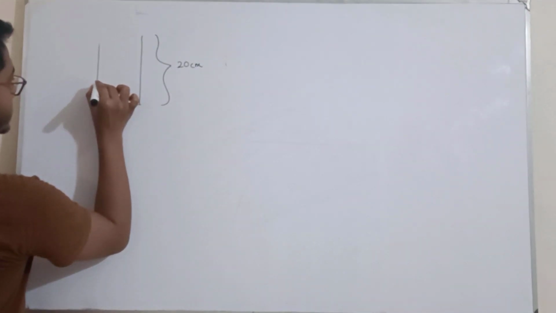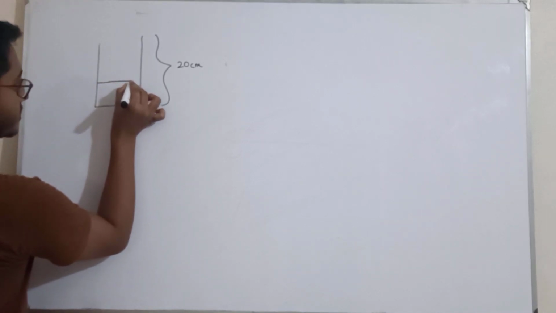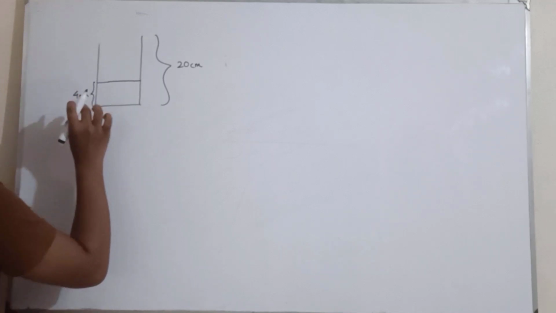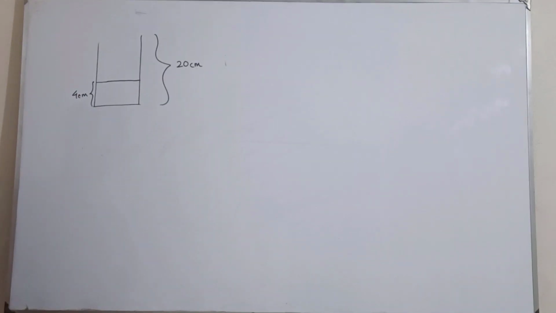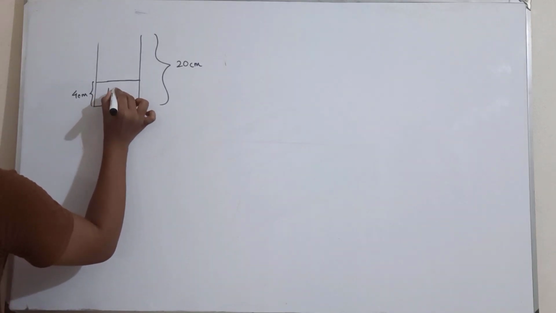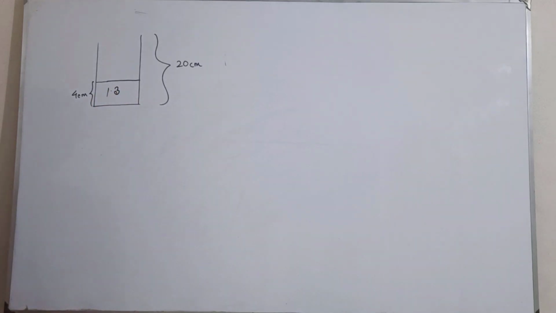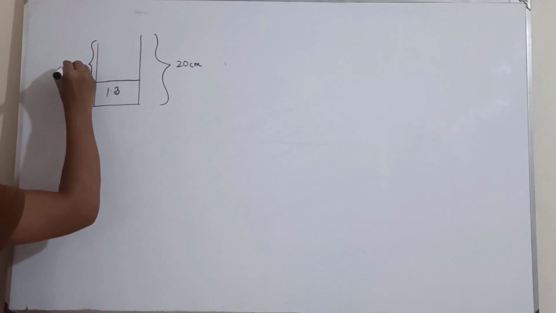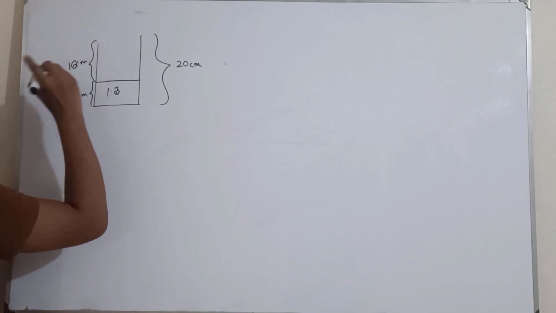So suppose this is 4 centimeter, and in these 4 centimeters we have a liquid of refractive index 1.3, and the remaining part will be 16 centimeter.